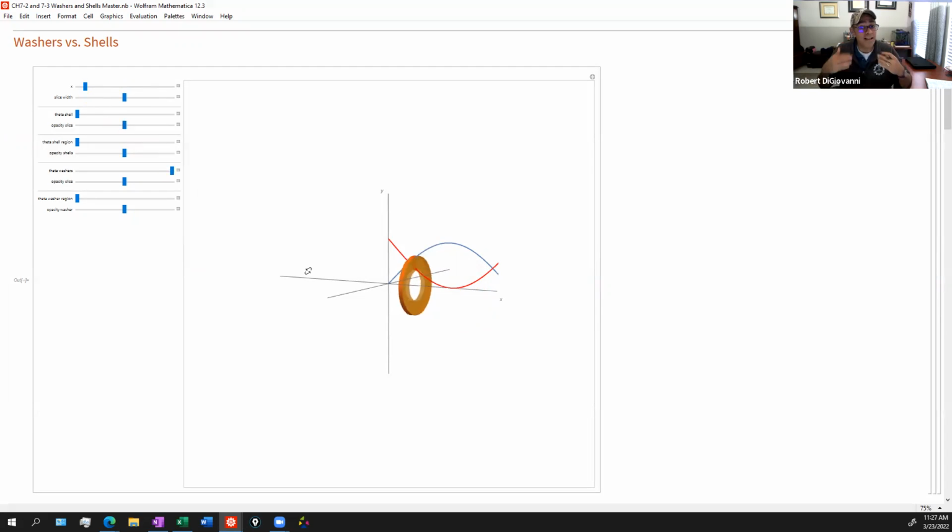But if I can come up with a formula, a general formula for a slice, a washer, right? Just one of the washers, then I can use the integral to add them all up. But I need my formula to be general, so that as I move from left to right, the formula accounts for all the differences in the f and the g function.